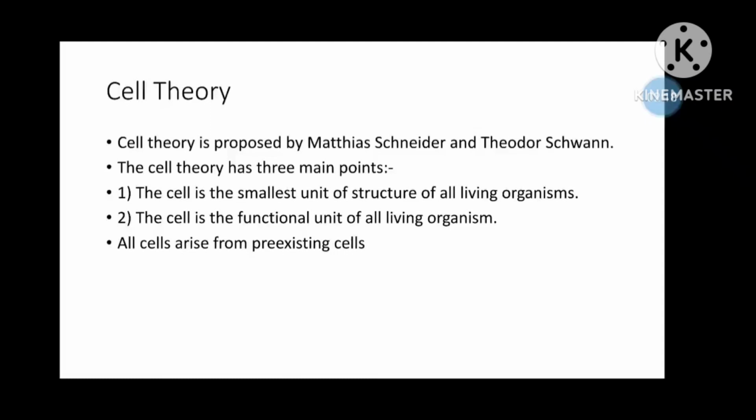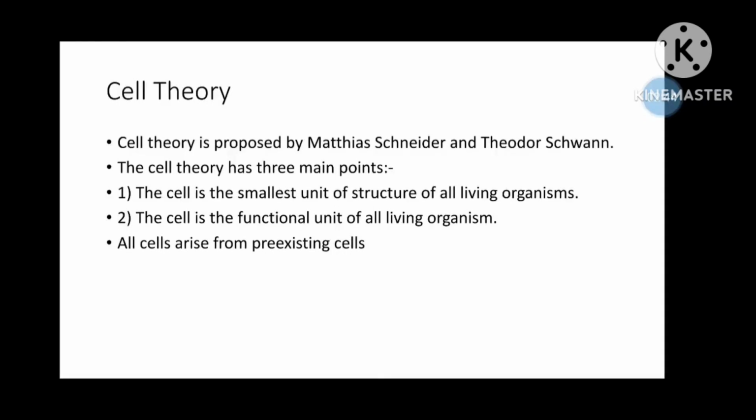Now, let's come to the cell theory. The cell theory was proposed by Schleiden and Schwann. The theory has three main points. First, the cell is the smallest structural unit of all living organisms. Second, the cell is the functional unit of all living organisms.